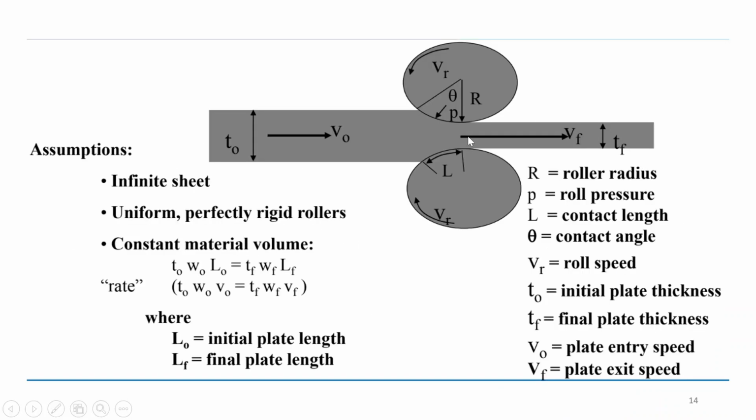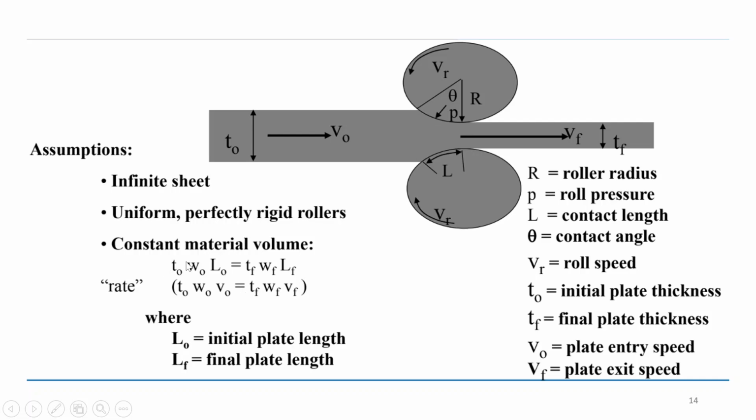So firstly, these are the various parameters here. Theta will be your contact angle. When you are trying to find some relations, you make these assumptions: that you have an infinite sheet, uniform and perfectly rigid rollers, and constant material volume. On this side you have the thickness, width and length of the sheet that you provide, and the sheet that you will get on the other side.